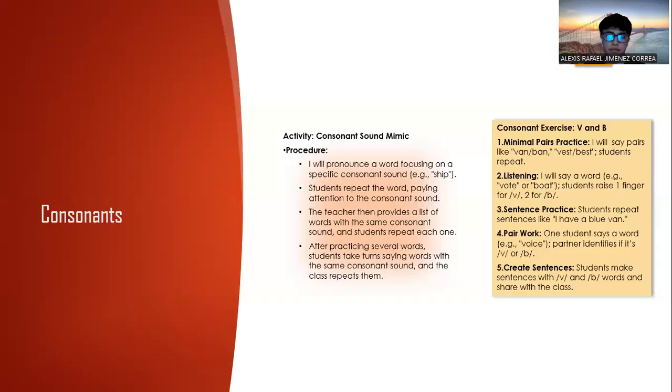To use that lesson type, we have consonants, and the activity is consonant sound mimic, and the procedure is: I will pronounce a word focusing on a specific consonant sound, for example, ship. The next step is that students will repeat the word, paying attention to the consonant sound.